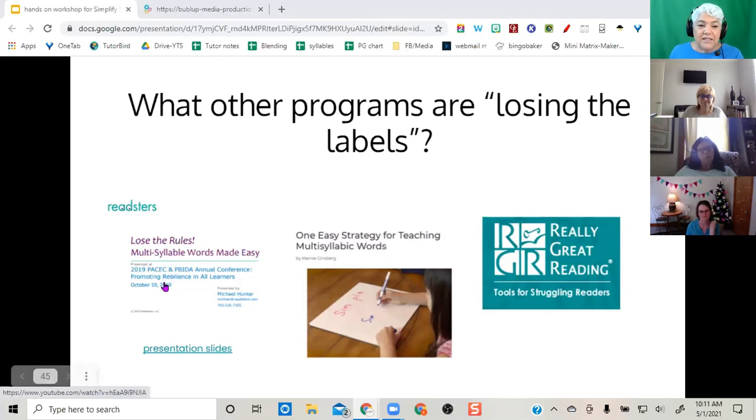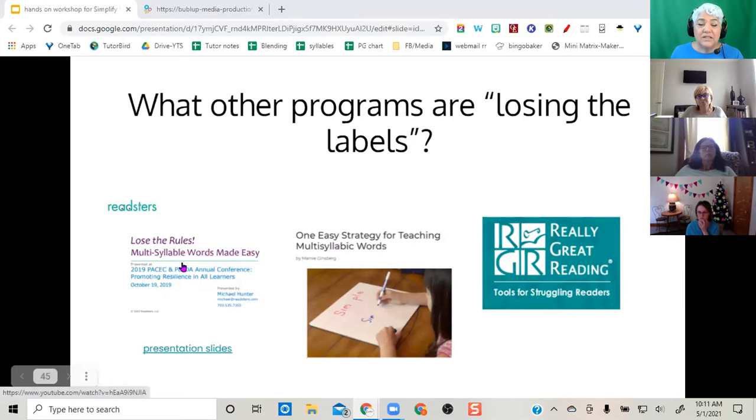And same thing with the Readsters, their Lose the Rules program. And this link is to their slide deck, so you can see how they go through it. I think this one is pretty good. These are all good, I know, through K to 2.